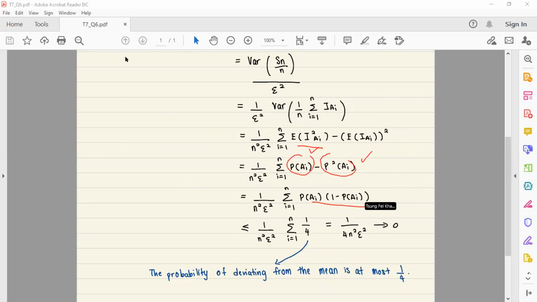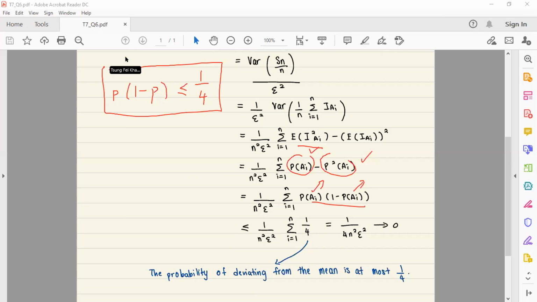And then you know that since this P is a probability, you have a probability times itself. It cannot go out of 1 over 4. This is a basic inequality. Anybody knows why it cannot go out of 1 over 4?